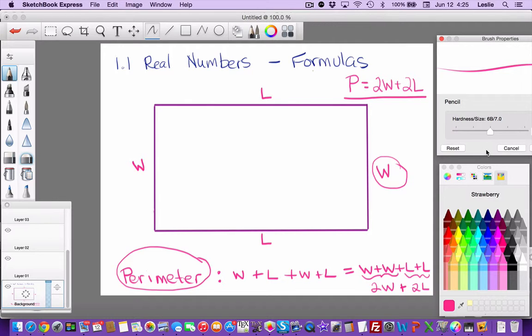It's a formula because I don't actually know the width and the length. If I did, I could just put those values in place of the L and the W, and I would get my answer for the perimeter of the particular rectangle whose length and width I knew.